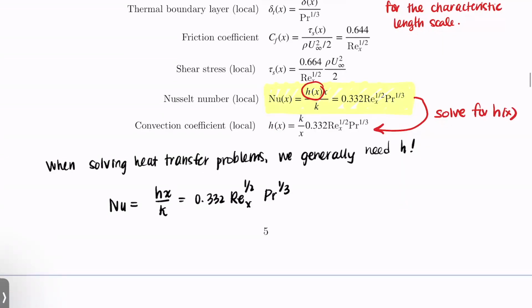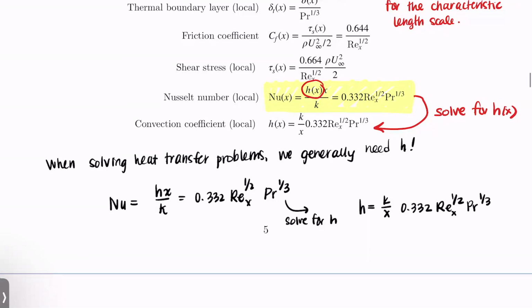We can solve this for H, where H is equal to k over X times 0.332, Reynolds number to the 1/2, Prandtl number to the 1/3.